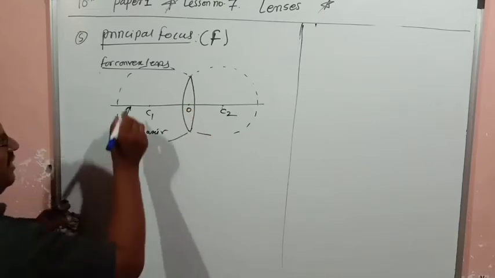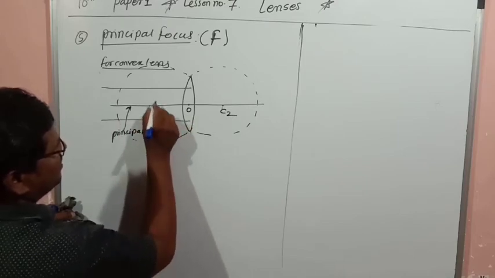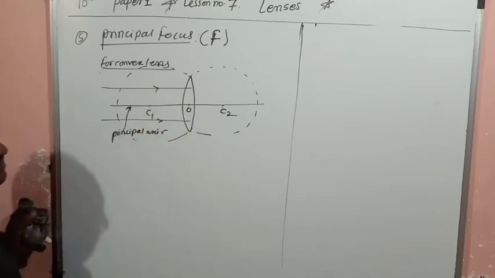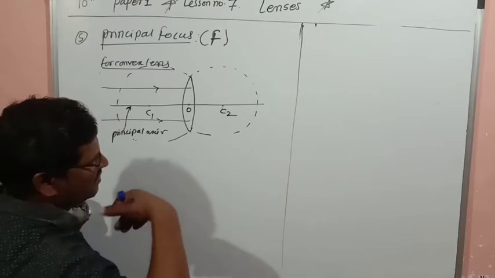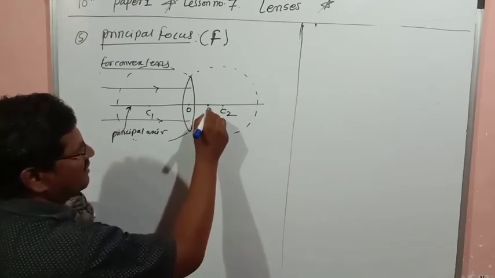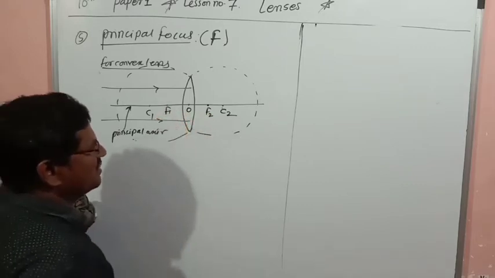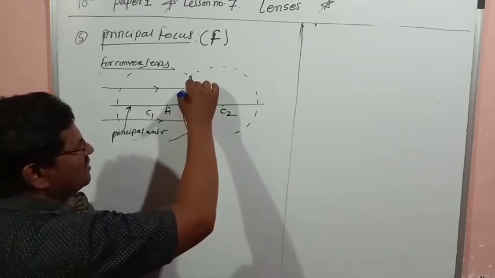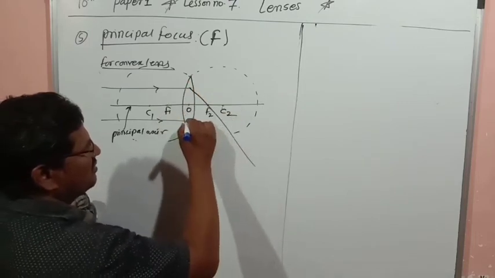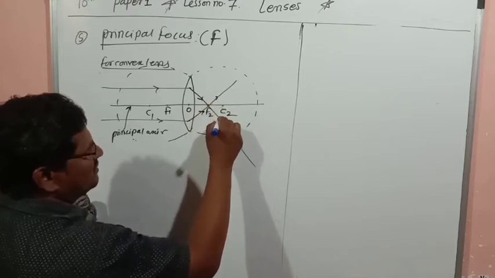Now light rays which are coming parallel to the principal axis, after refraction, they are meeting at a single point, or they are passing through a single point. So it is called the principal focus.